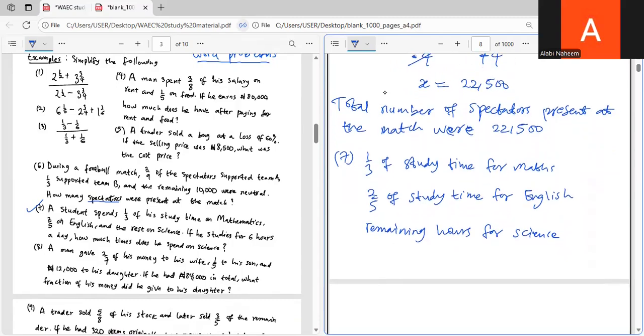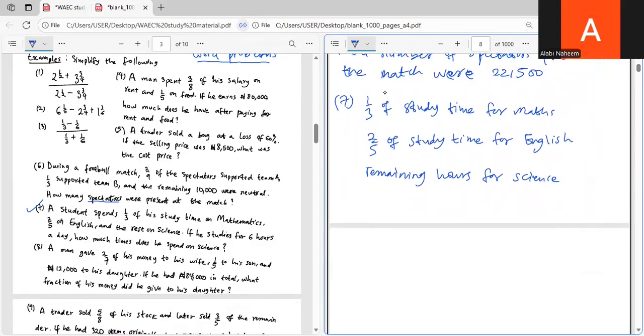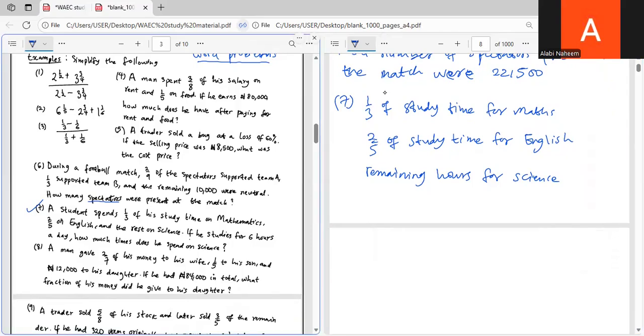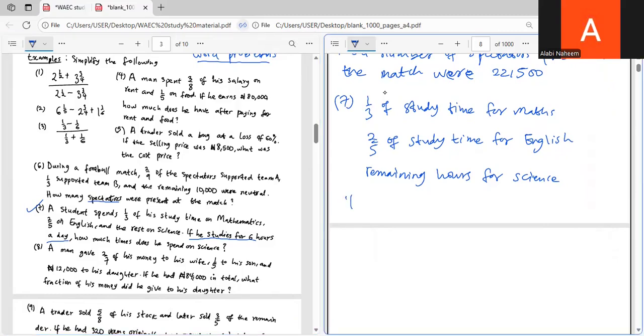And the question is, how much time does he spend on science? If he studies for 6 hours a day, how much time does he spend on science? So the total study time is 6 hours, right?